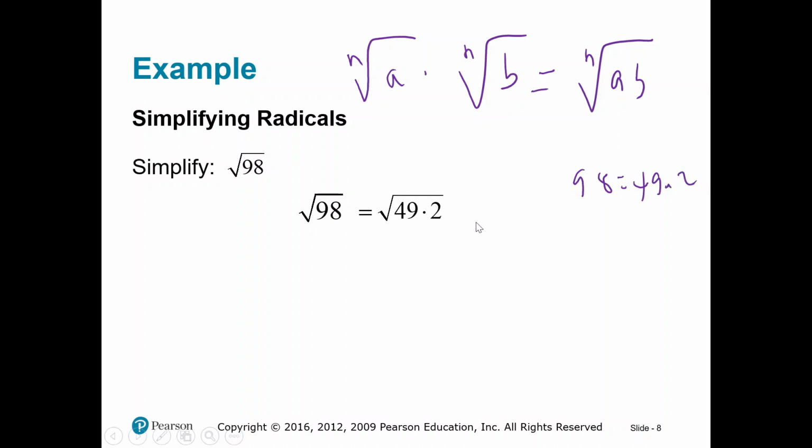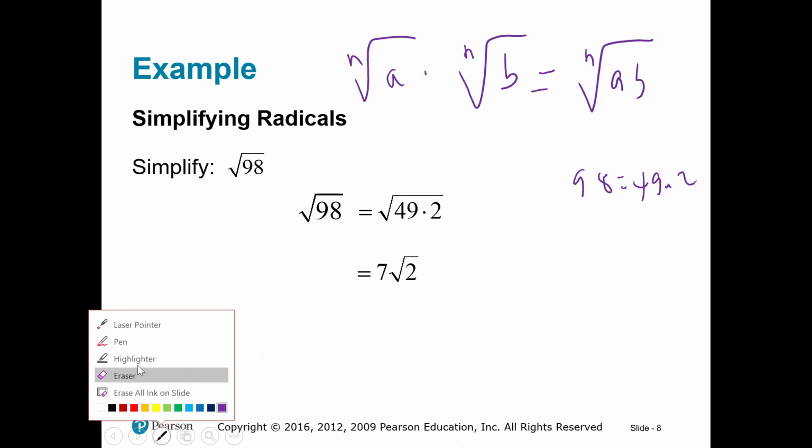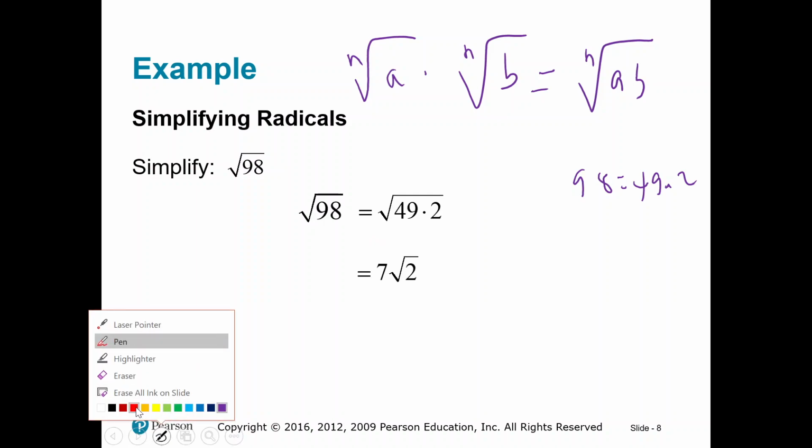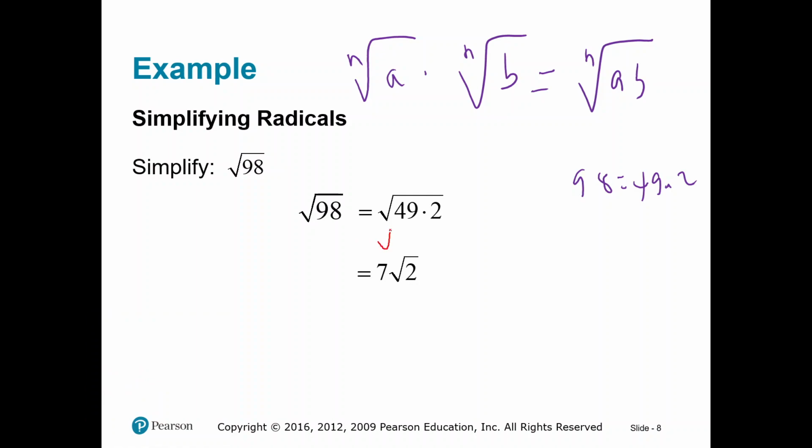And so I can split into two parts. So the square root of 49 and the square root of 2. So let me write this: square root of 49 times the square root of 2.